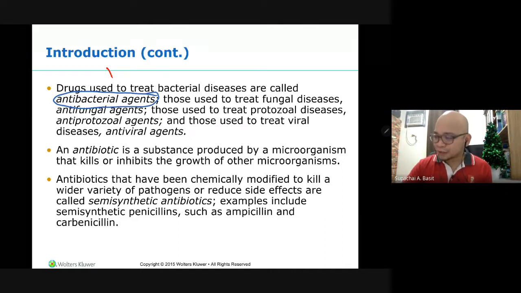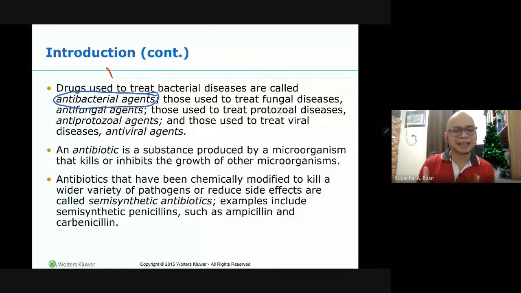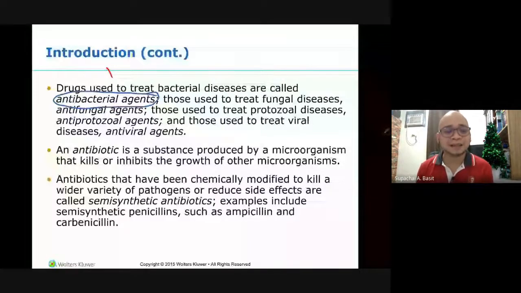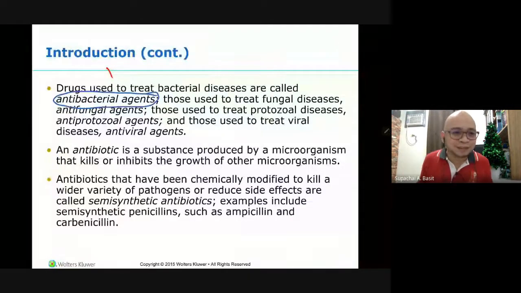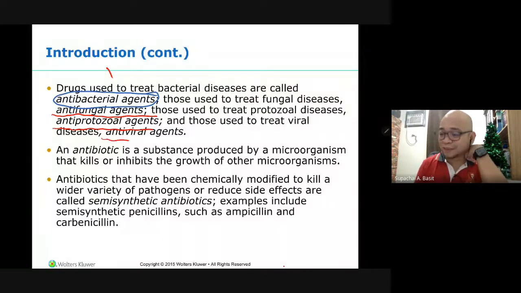So if a certain drug is being used to treat bacteria, that's an antibacterial agent. An antibacterial agent would only be effective against bacteria, but it will not be effective against fungus, because for fungus you'll need an antifungal agent. If you have a protozoal infection, then you'll need an antiprotozoal agent. And to treat viruses, you'll need an antiviral agent.